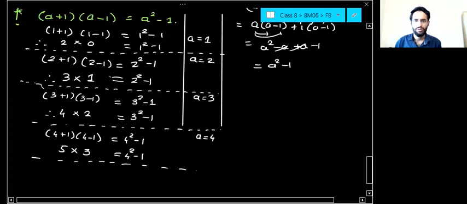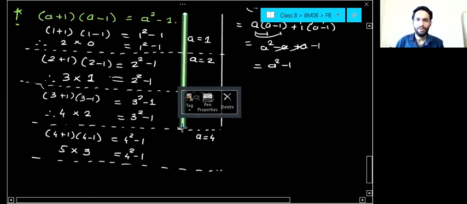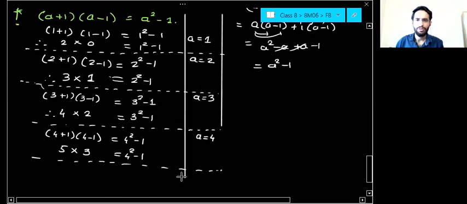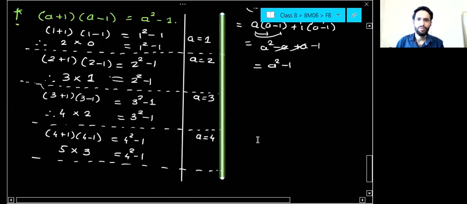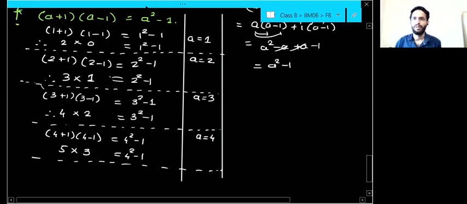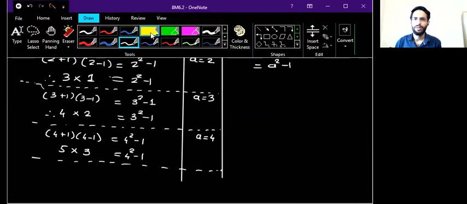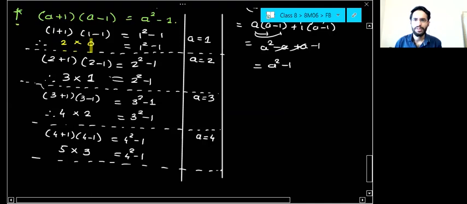If you observe these numbers, we multiply two consecutive even numbers or odd numbers. See which numbers are even here: 0, 2 and 2, 4. Just try to observe this pattern. If I multiply two consecutive even numbers, 0 and 2 or 2 and 4, what do I get?